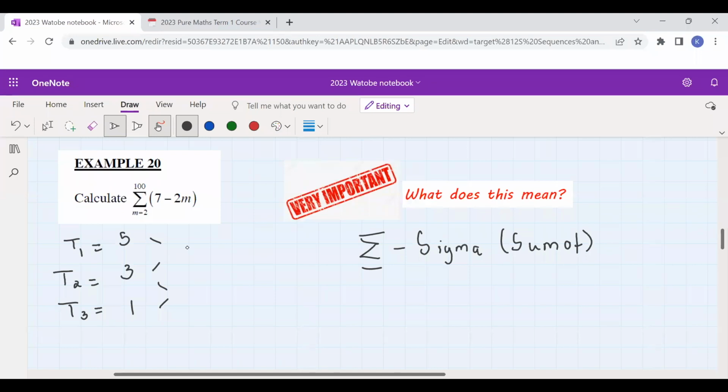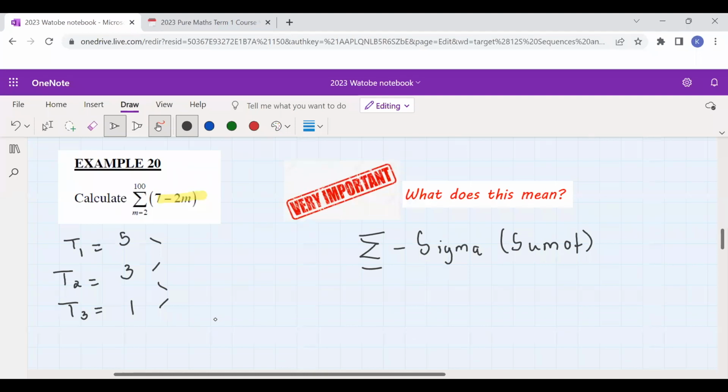I'm lost, ma'am. What are the T1s, T2, T3, 4? We're trying to figure out our sequence, okay? Remember when we were using the sum formula up there? We had terms, right? In this case, we don't have a sequence, so we are finding out what our sequence is.